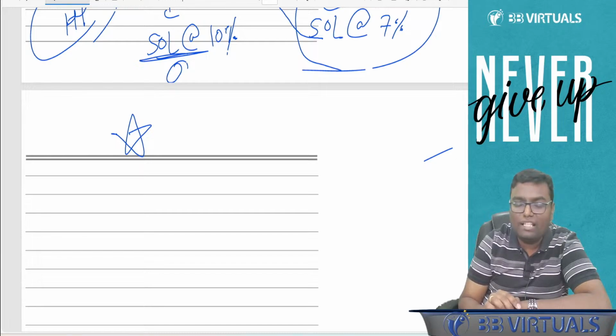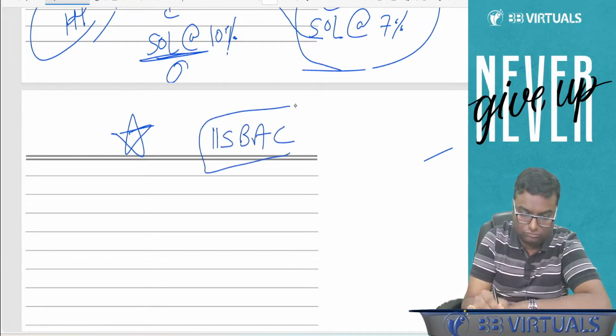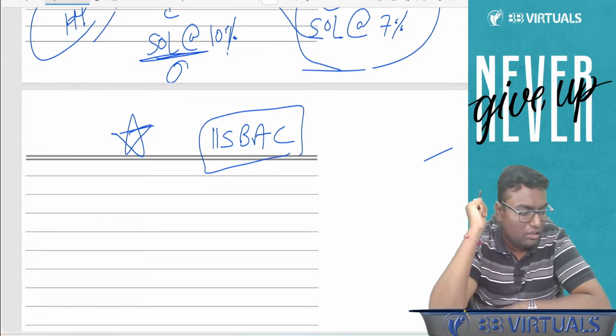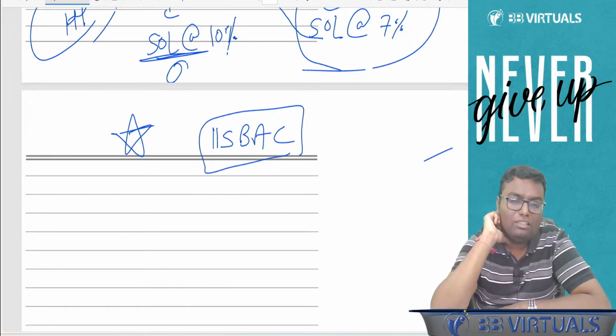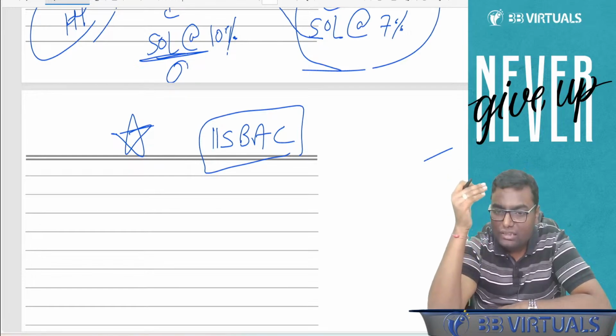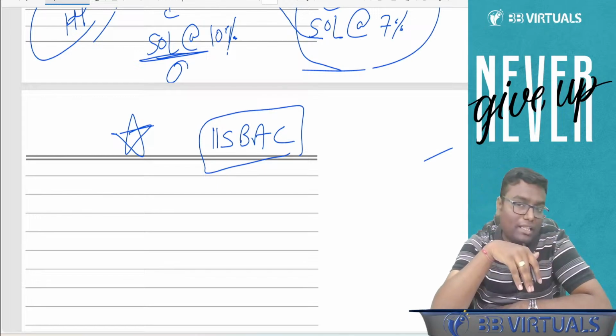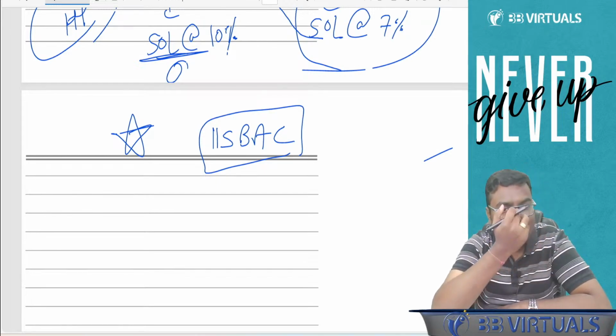In the first chapter, we have learned a section called 115 BAC. Tell me, what is section 115 BAC? Can I say it is a default tax regime in which the tax rates are getting reduced substantially? But what is the price for that?